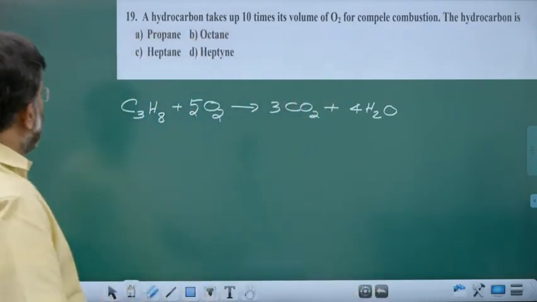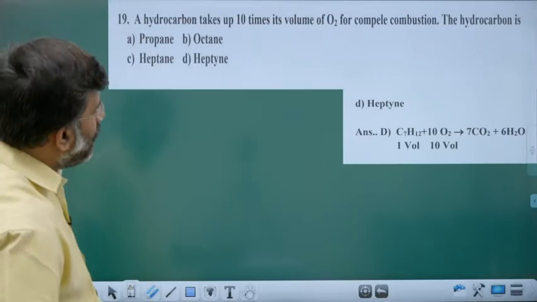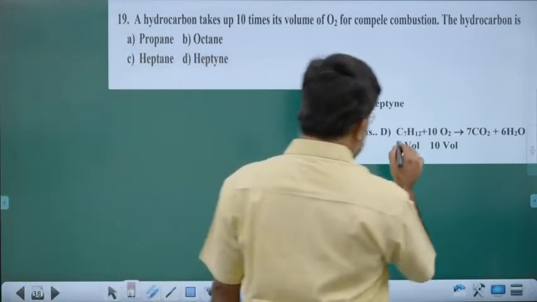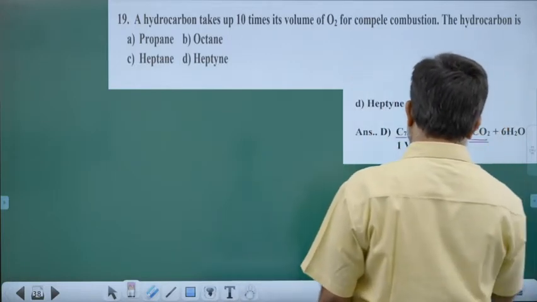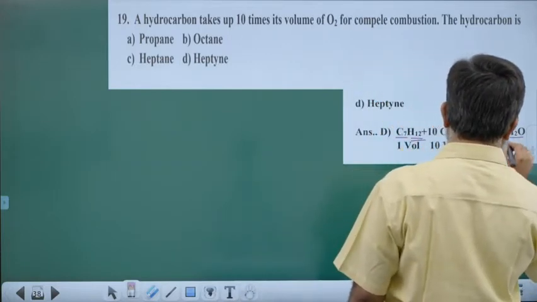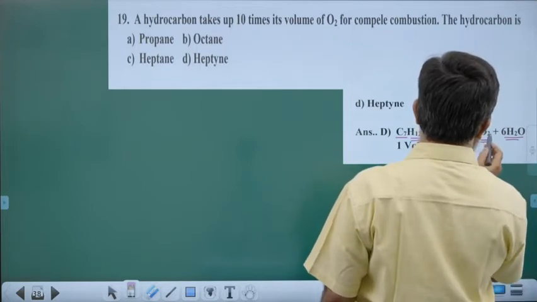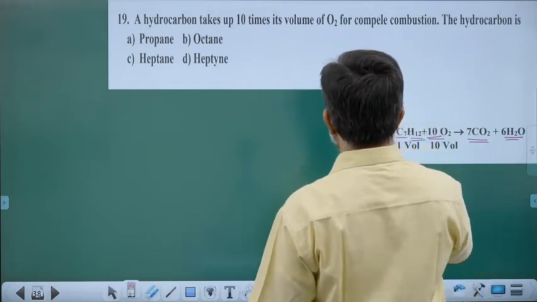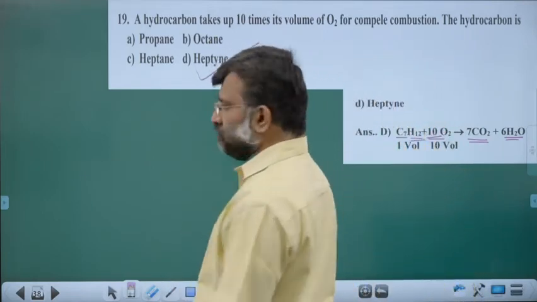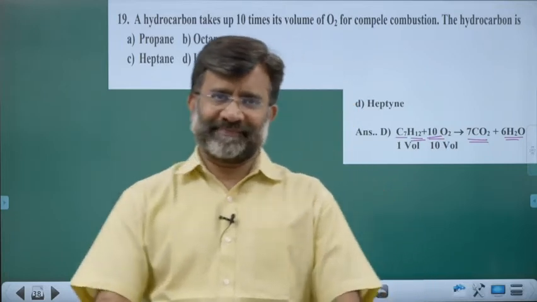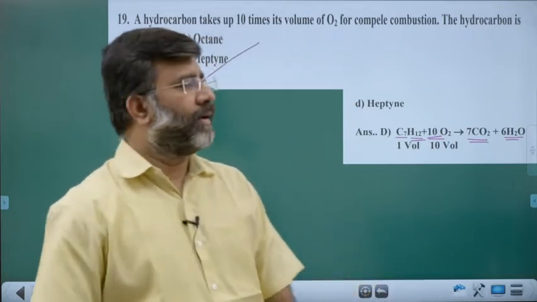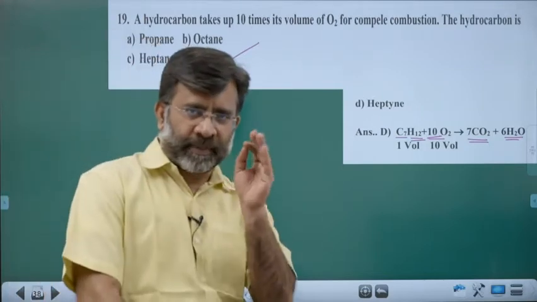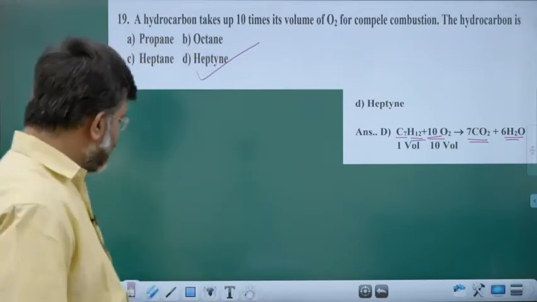Which one is the answer? It is heptyne. There are 7 carbon atoms, 7 carbon dioxide, 12 hydrogen atoms, 6 H2O, 14 plus 6, 20 oxygen atoms, 10 oxygen molecules. So it is option D. Try to check how much it comes in octane, how much in heptane. Next.